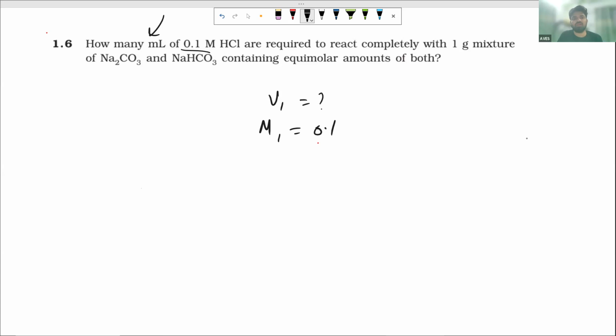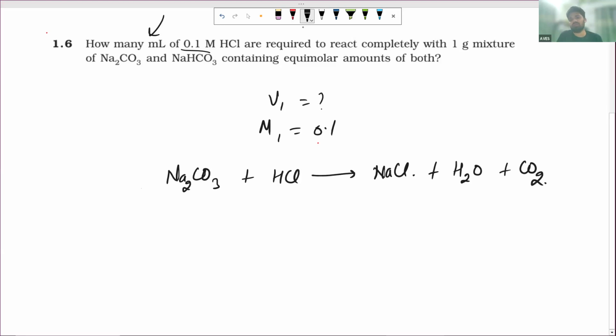So for example, if I'm having HCl, like I'm writing Na2CO3, when it reacts with HCl, what will it give you? It will give you sodium chloride plus water plus carbon dioxide. Okay, you balance this one. Try to balance this one first.